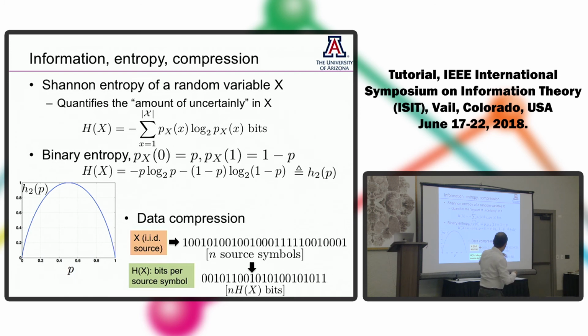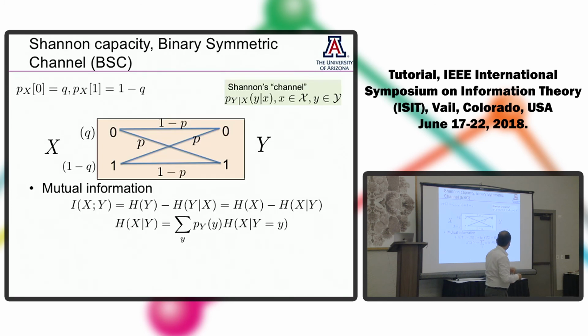We'll come back to this description later on. Another thing that is true is that if x has a cardinality greater than 2, then the log base 2 of that cardinality is the maximum value of h of x. That's when the source has a uniform prior. And when a source produces multiple symbols with a uniform prior, it cannot be compressed. So for instance, when p equals 1/2, you cannot compress it further.